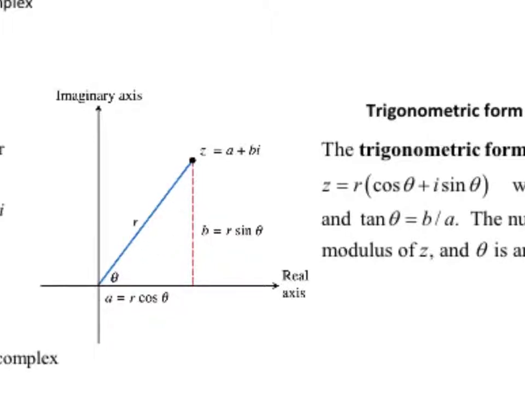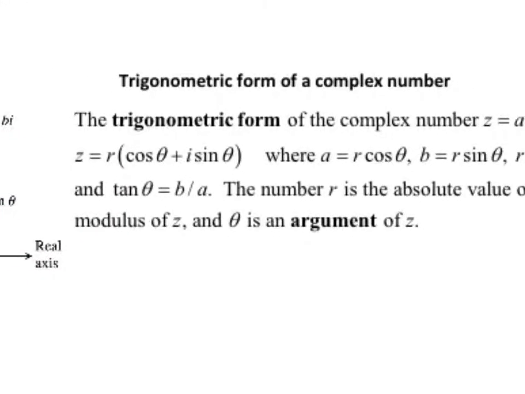Well, another way we can look at this is a is equal to r cosine theta, b is equal to r sine theta, because this way we can write it in vector form. Okay? So, trigonometric form of a complex number.